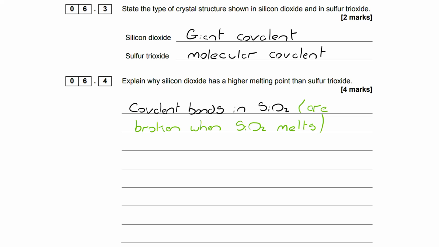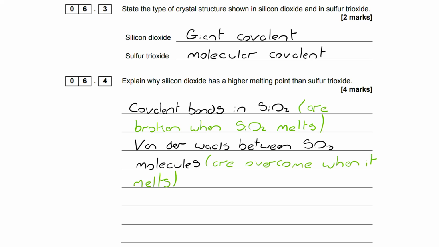SiO2, and it's the actual bonds that are broken in a giant covalent substance. But in an SO3 sample, when you are melting it, you're not breaking apart the SO3 molecule. You're overcoming the van der Waals forces that are holding those small molecules together.